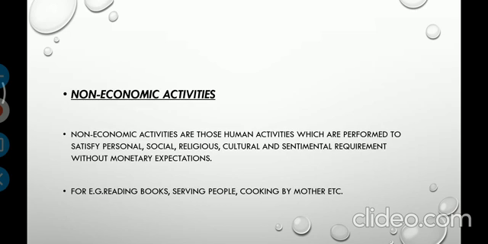Non-economic activities are those human activities which are performed to satisfy personal, social, religious, cultural, and sentimental requirements without monetary expectations. We are satisfying our personal requirement, we are satisfying our social requirement, our cultural and sentimental requirement, but we are not charging money for it, we are not involving money for it.